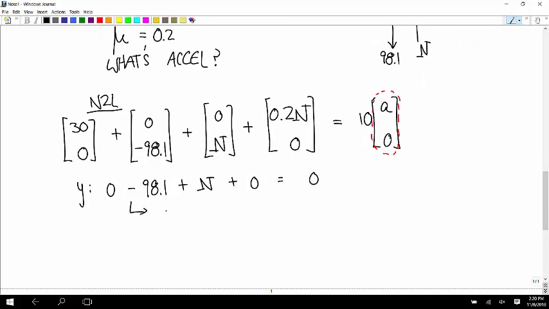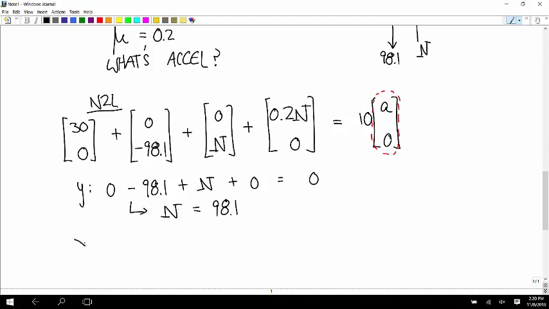If you use that to solve for N, you get N is equal to 98.1, and that's in newtons. That might make you wonder if the normal force is always just equal to the weight of the object. Often it is, but not always. So you always want to do that calculation.